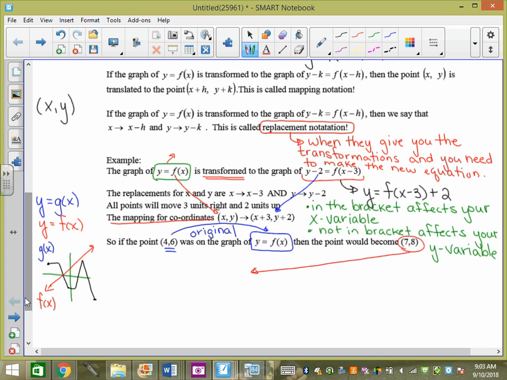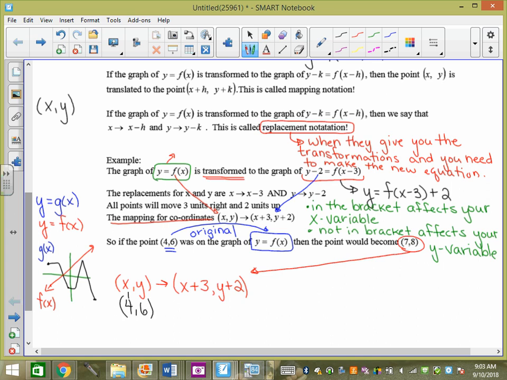We're moving a point. How do we move points? Mapping. Okay? So our original coordinate is x, y. And what's our new one on the new? x plus 3, because we moved 3 to the right, correct? And y plus 2. Do you agree? So let's fill in our original point, 4, 6. This is just proving that it actually does become 7, 8.